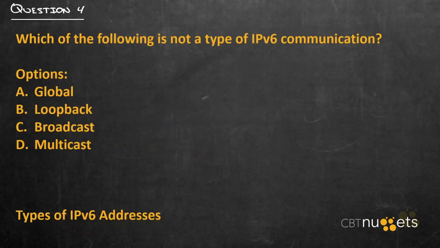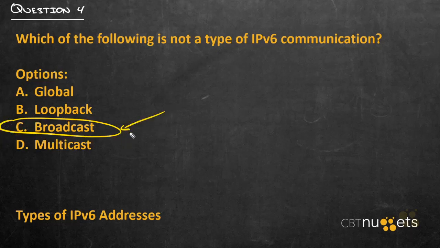Question number 4. Which of the following is not a type of IPv6 communication? Answer is C, broadcast. There is no broadcast in the IPv6 world. That's an IPv4 concept where we would send a message to 255.255.255.255, which would end up converting to the MAC address of all Fs, right?